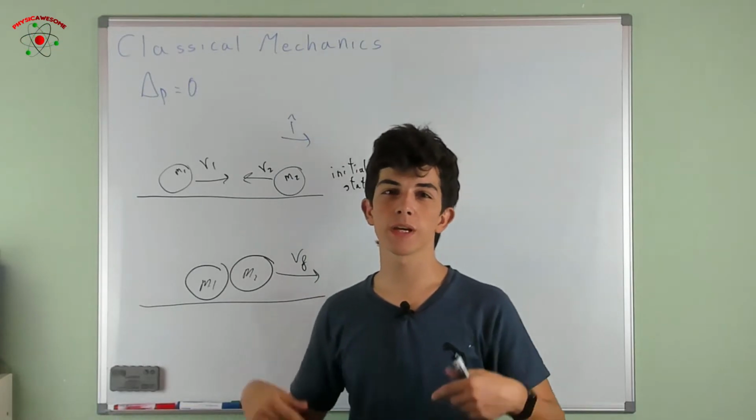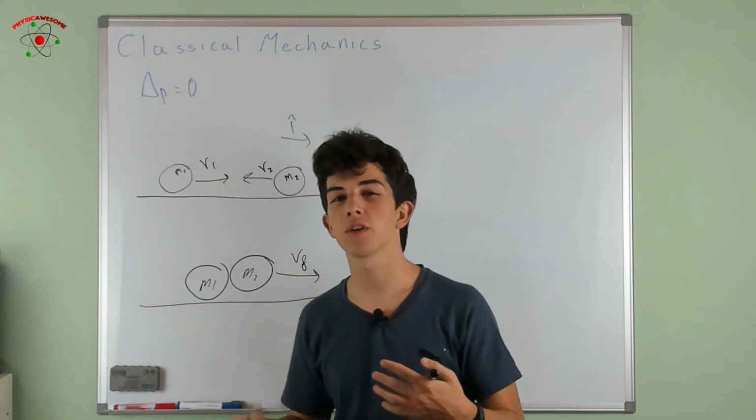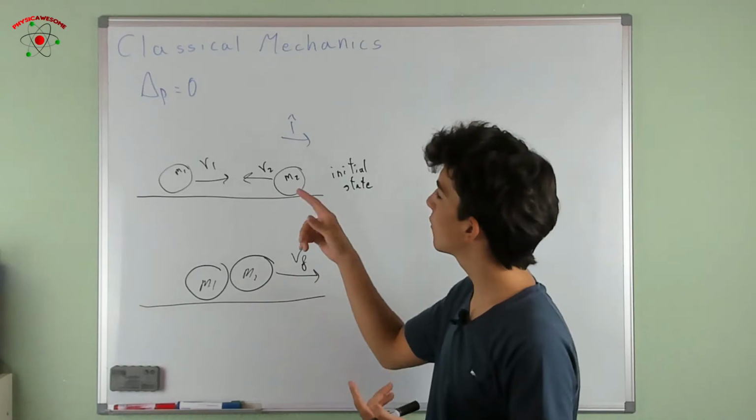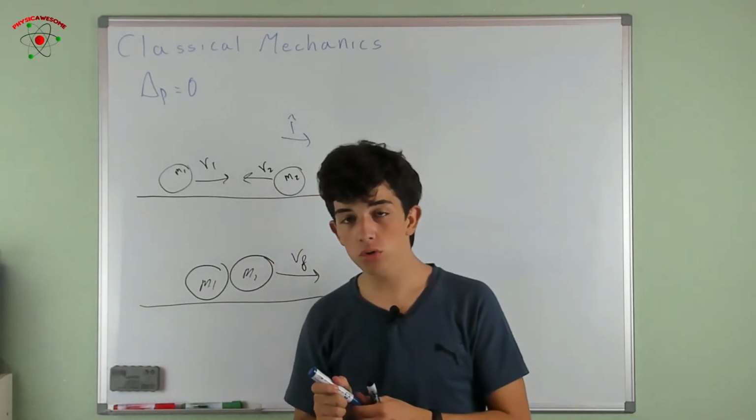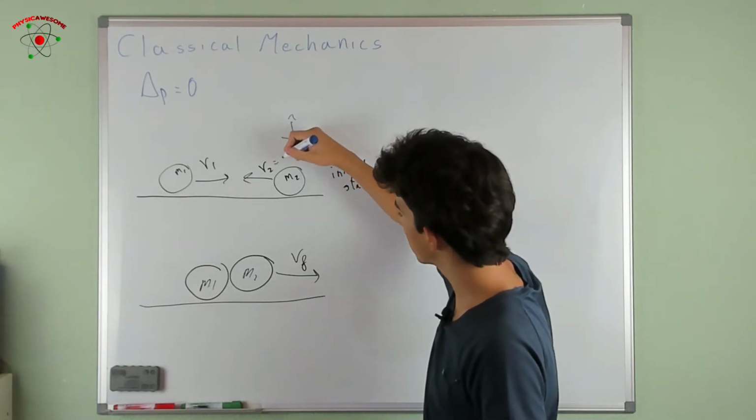Furthermore, we're going to make another simplification, and that is that we're going to take as our reference frame the second object, so that b2 equals 0.